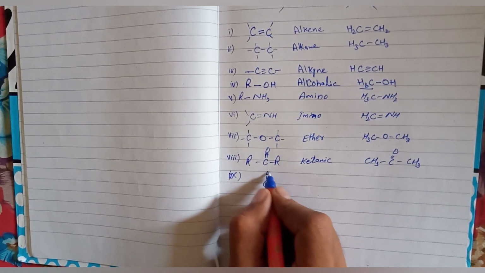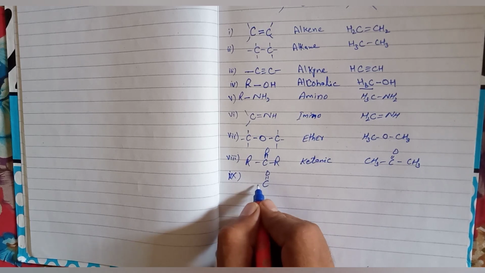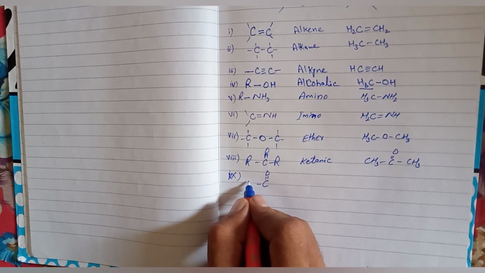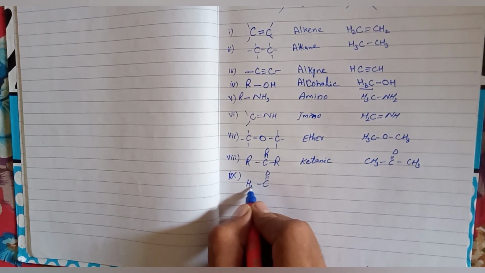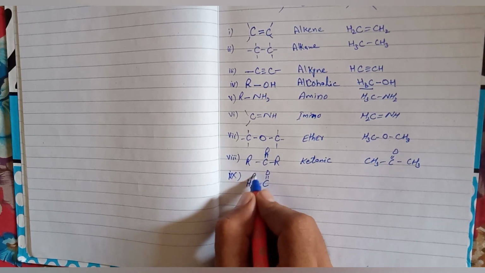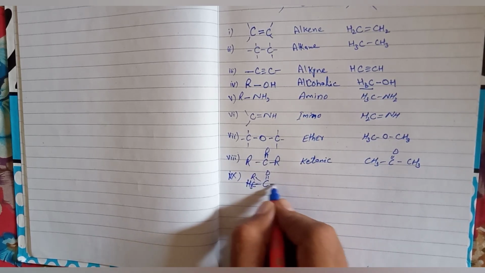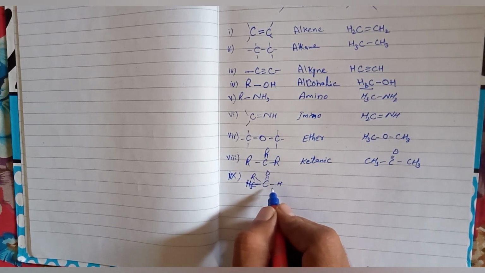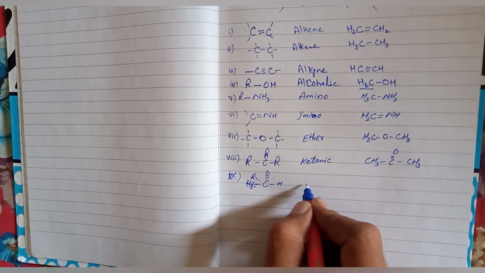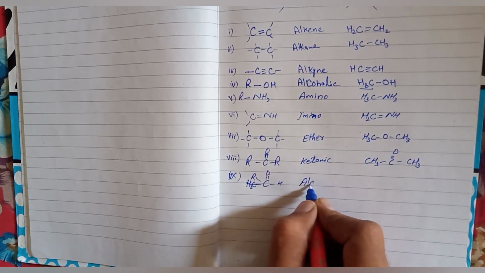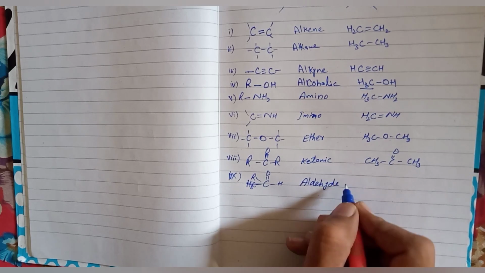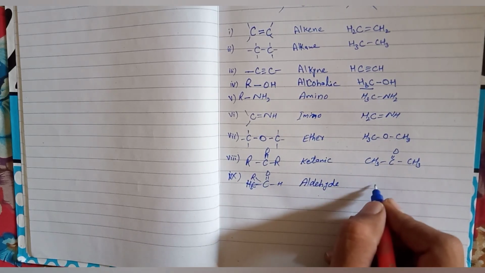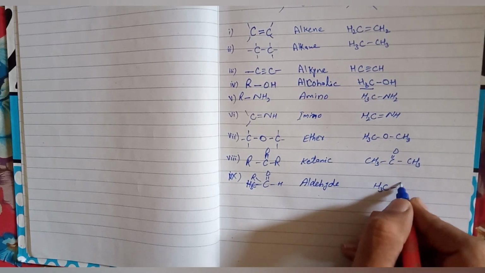If the carbonyl group is attached on one side to alkyl, meaning R, and on the second side to H, this functional group is called aldehyde functional group. The example of aldehyde functional group, R is any alkyl.